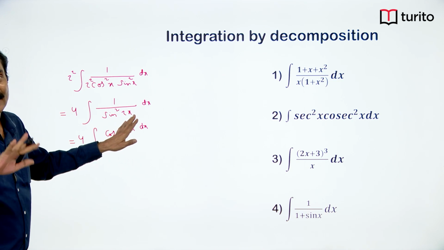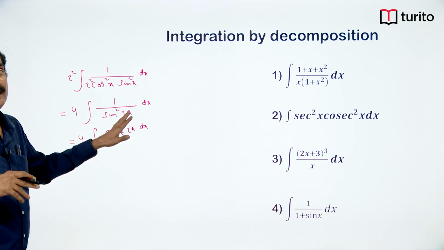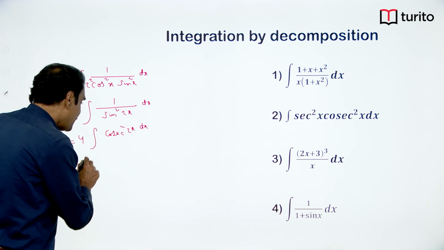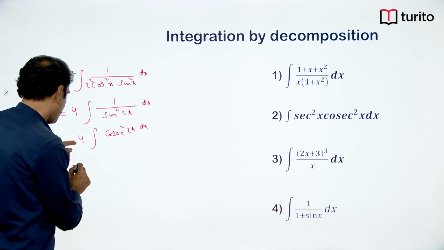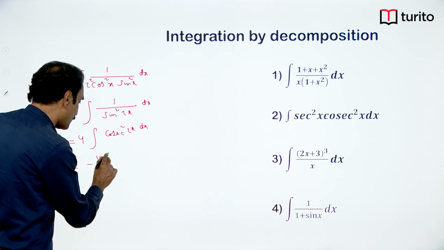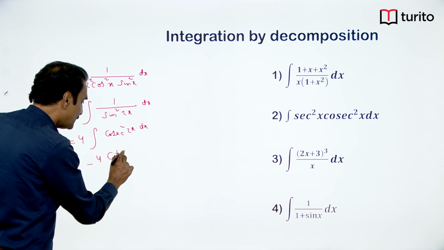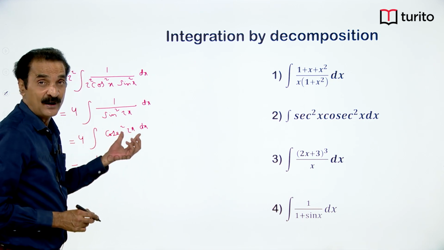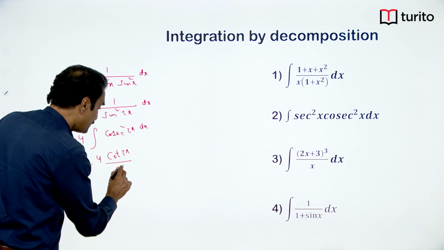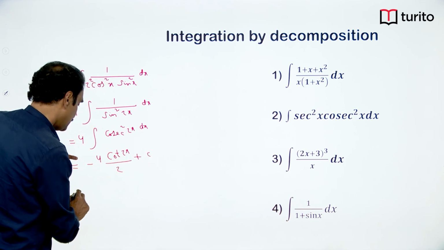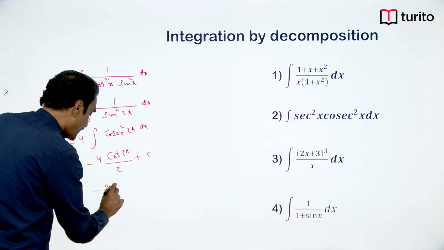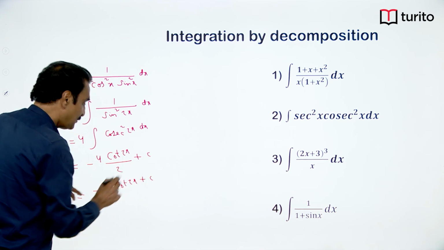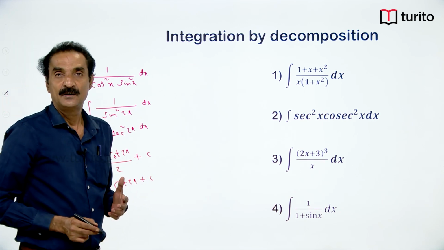We can assume 2x as x and integrate, then we divide by inner derivative. Assuming that 2x is x, its integral is minus cot 2x. 4 is there, so it becomes minus 4 cot 2x. Then what should we do? Divide by derivative of 2x. It is divided by 2 plus c. Now 2 cancels, we get minus 2 cot 2x plus c. Okay.